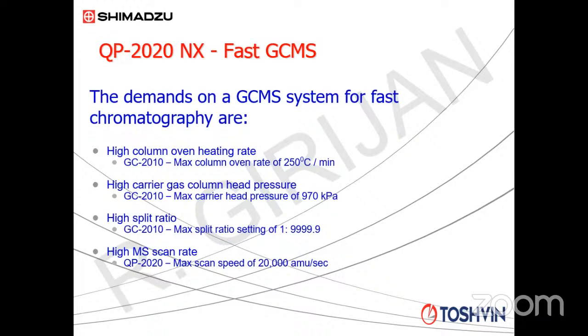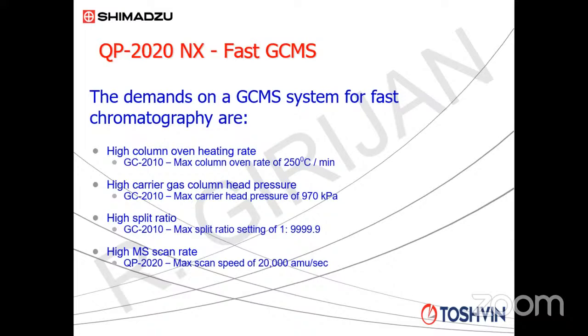And all these hardware requirements are by default in our system. Our latest single quadrupole system is called QP2020NX, and in this, all these hardware requirements come by default: very high oven heating rate, very high column head pressure, high split ratio, high MS scan rate. All these you are getting by default.